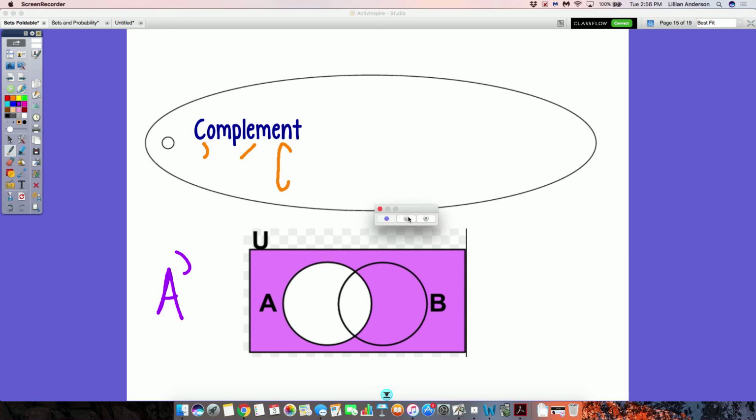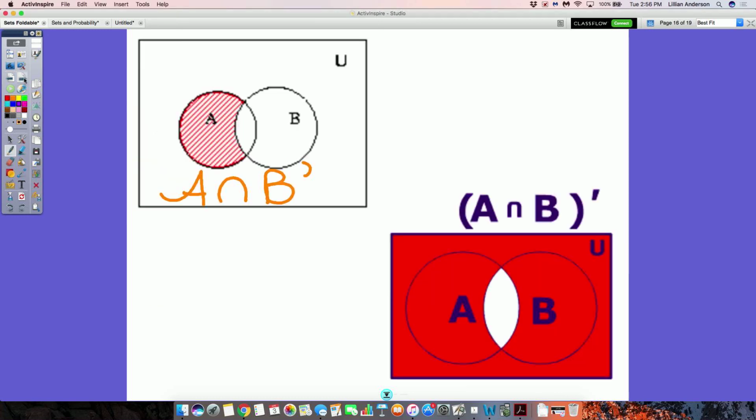Here are a few other ones as well. Okay? I definitely want you guys to get these down because complement, when you start adding in the other symbols with it, it can get kind of a little confusing because you're looking at multiple things. So I do want you guys to get these down.